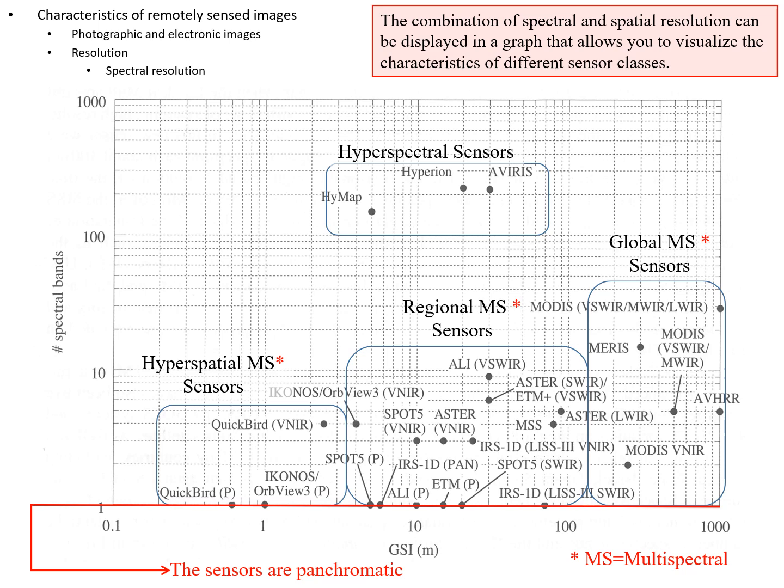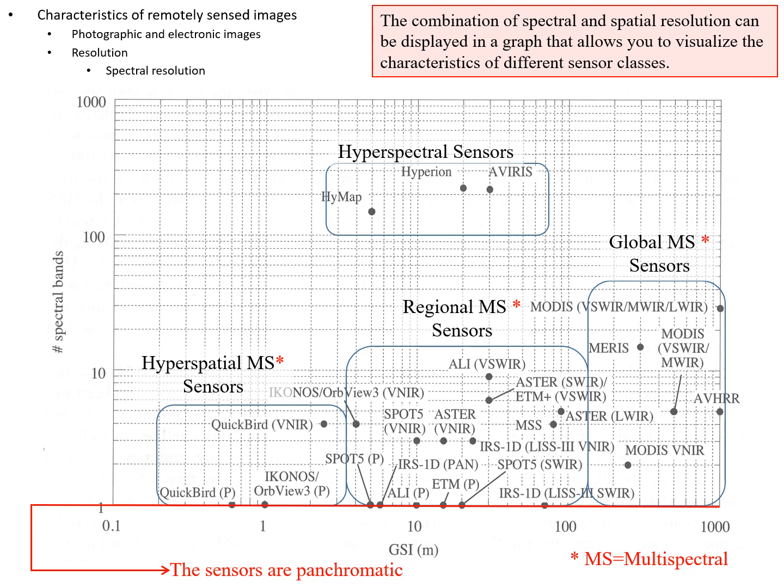We can look at spectral and spatial resolution using a graph like this so that you can sort of visualize the characteristics of different sensors and identify some classes. So on the x-axis is GSI, that's basically pixel resolution. And the y-axis is the number of spectral bands.